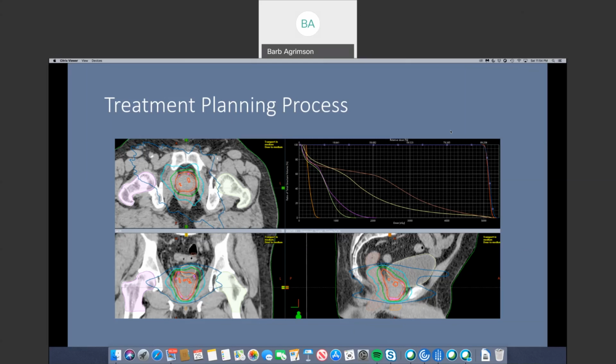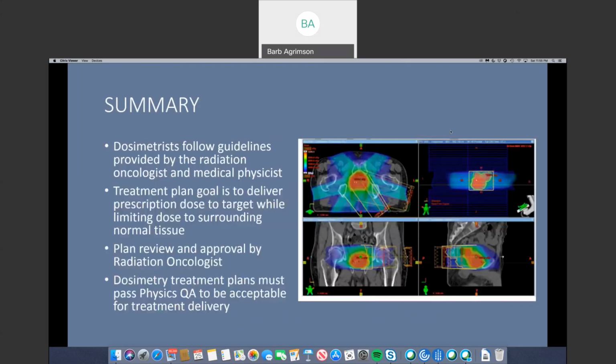Once the radiation oncologist is satisfied with the treatment plan, then dosimetry will print it and notify physics to proceed with the plan QA. So in summary, dosimetrists follow guidelines provided by the radiation oncologist and medical physicist. The treatment plan goal is always to deliver the prescription dose to the target and limit dose to the surrounding normal tissue as best as possible.